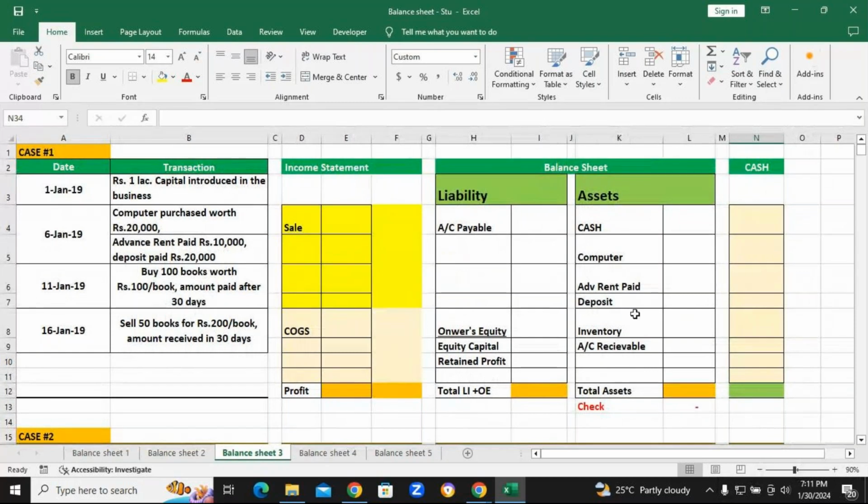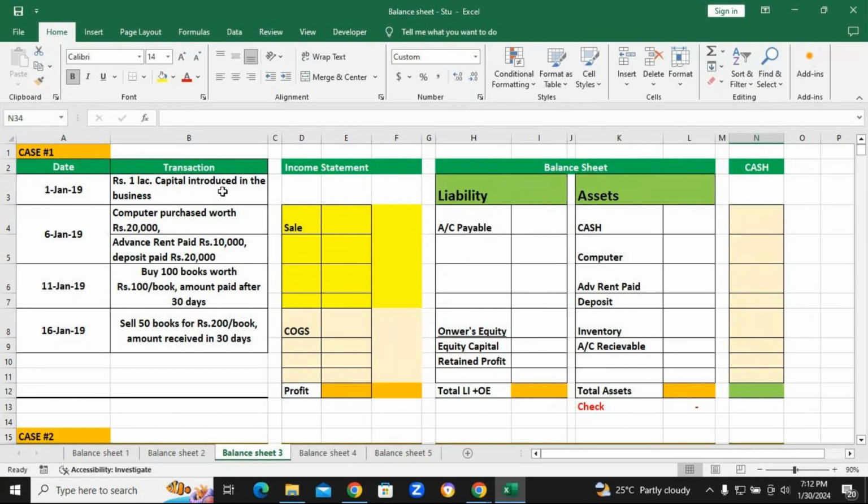So first let's study the case, and here also we have to put the things in an appropriate way. We have to put the things in the income statement and in the balance sheet, whatever has to come into liabilities and on the asset side and the cash. Okay. So how are we going to do it? On 1st Jan 2019, rupees 1 lakh capital introduced into the business.